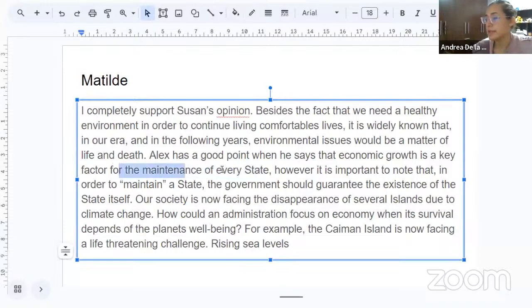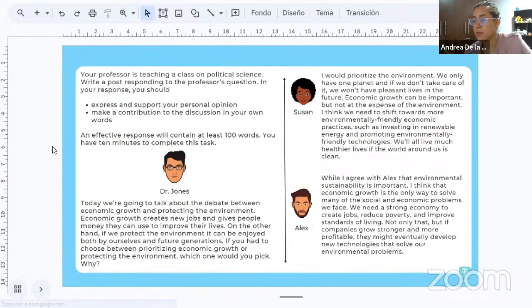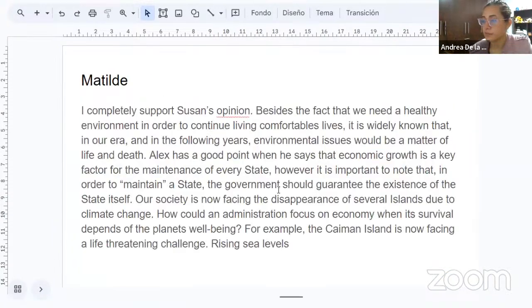I would say the same as what I already said for Susan. Try to always make sure that it's directly summarized. I would even try to paraphrase the main sentence or the main reason that we have from Alex, right? So in this case, what Alex is saying is that economic growth is the only way to solve many of the social and economic problems. So maybe try to find a way to paraphrase that idea, right?